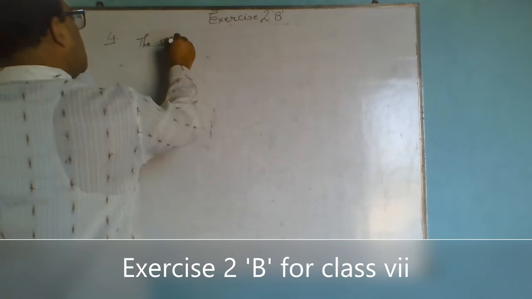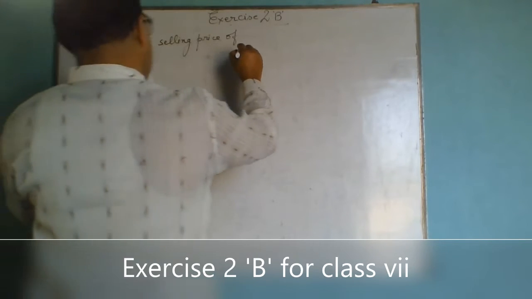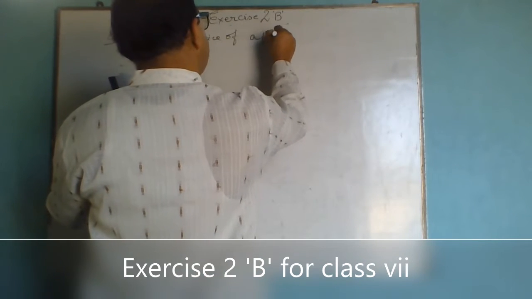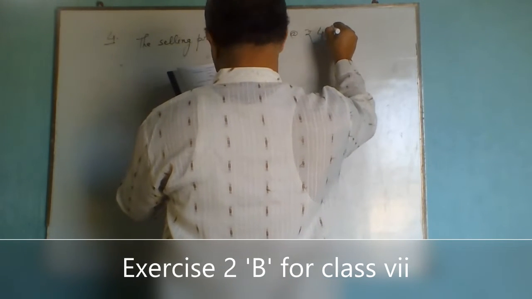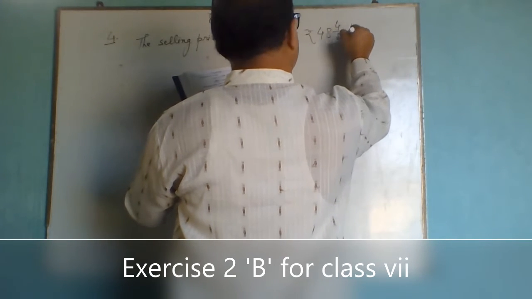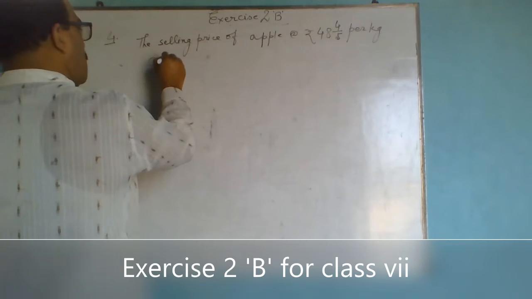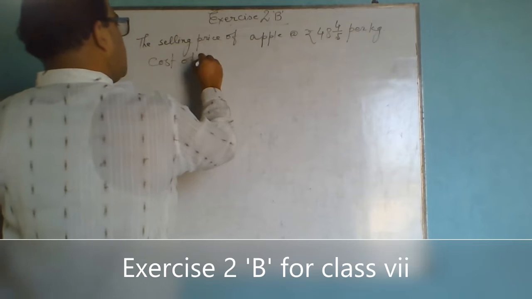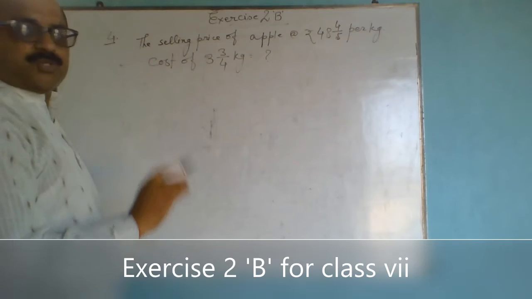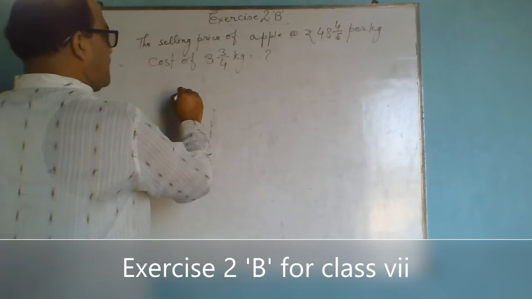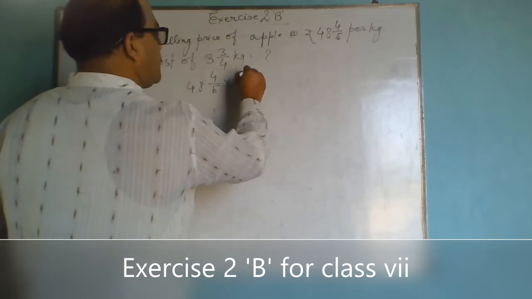The selling price of apple at the rate of rupees 48 whole 4 by 5 per kg. Cost of 3 whole 3 by 4 kg is equal to what? This is the question. So here you will multiply 48 whole 4 by 5 into 3 whole 3 by 4.